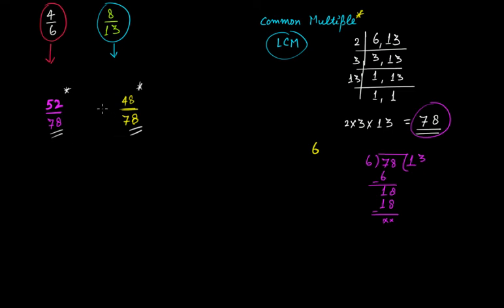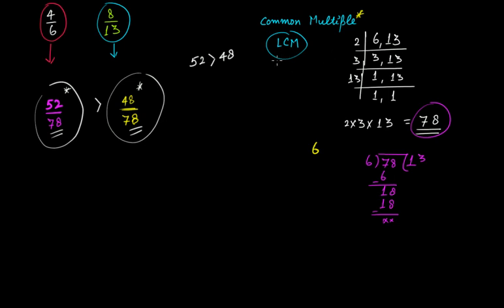In this case, 52 is greater than 48. Therefore, 52 by 78 is greater than 48 by 78, right? Why? Because these two fractions are like fractions. In any given like fractions, that fraction will be greater which has the larger numerator. So this will be the way.